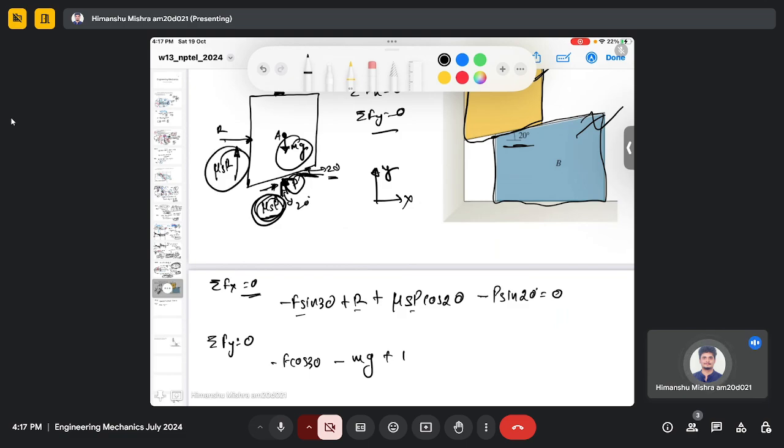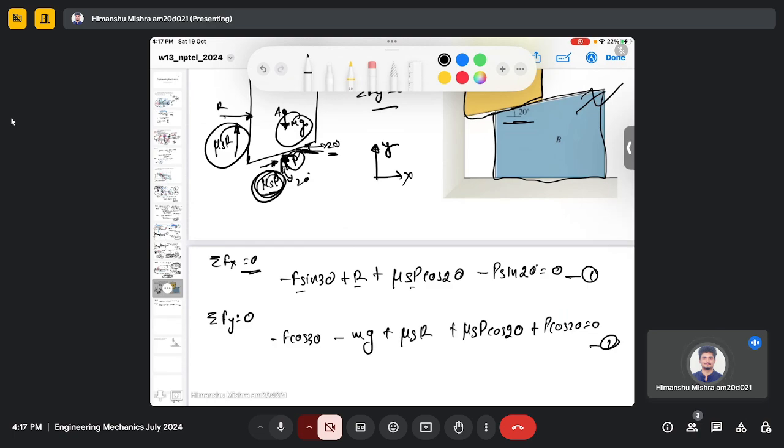We have this force as well, mu s R. So this is my equation 1 and this is equation 2. So you can see that there are 3 unknowns but we have 2 equations.